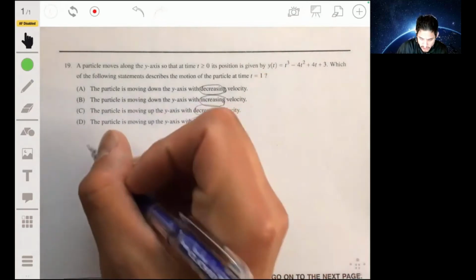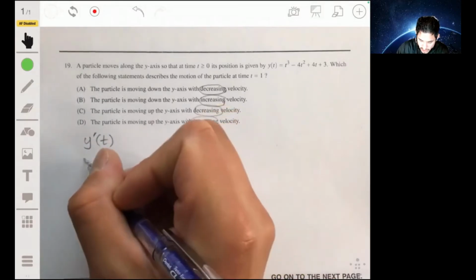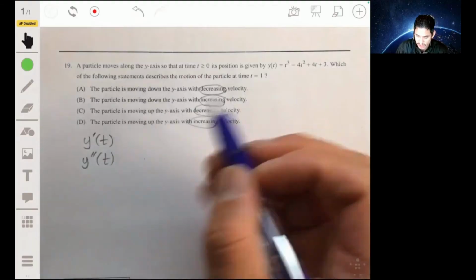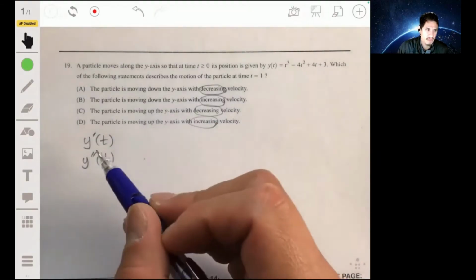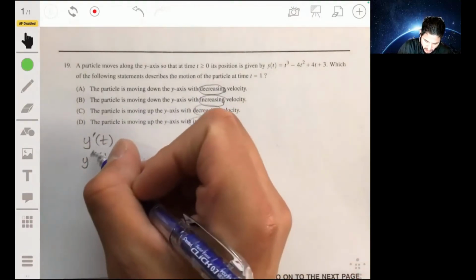So we're going to study what the first derivative is and the second derivative is. First derivative is going to describe the velocity. Second derivative is going to describe the acceleration, or how the velocity is changing.